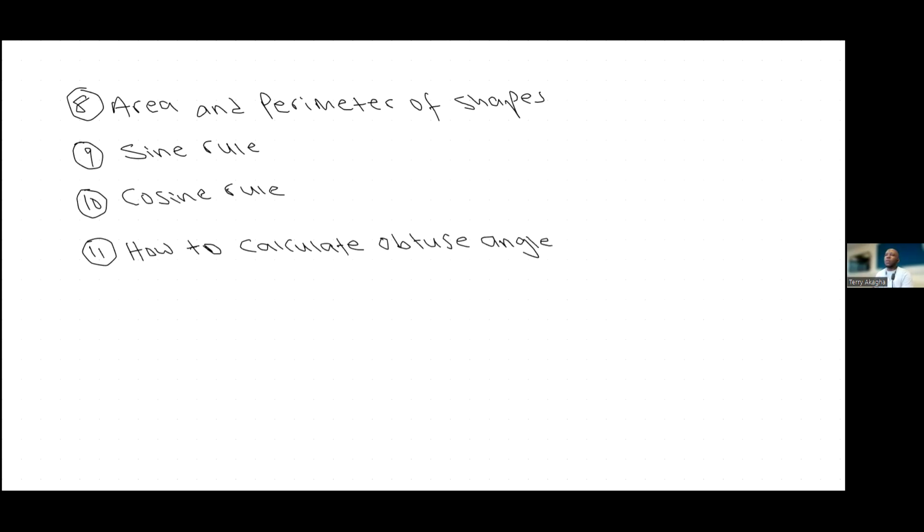Or let me say how to calculate possible obtuse angle in a triangle. Because some of these triangles will have an obtuse angle, that means the particular triangle can be written in different forms.